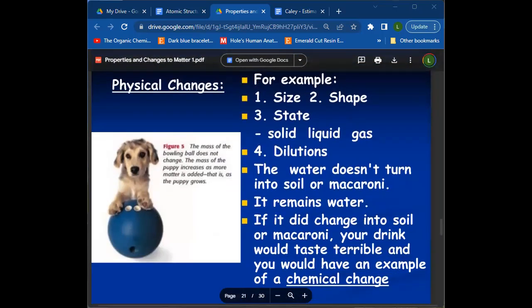Other examples of physical changes include a change in size. So, like if you are blowing up a balloon and then you deflate the balloon, all that's happening is just a change in the size. That's it. Okay, and then change in shape.